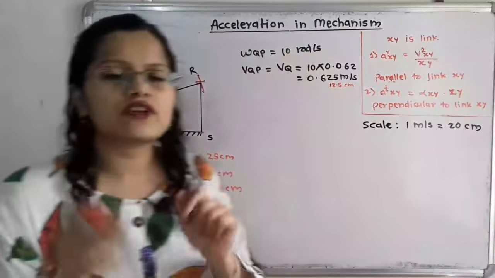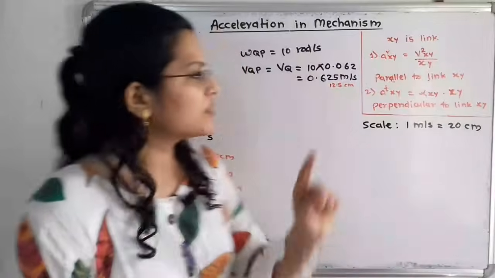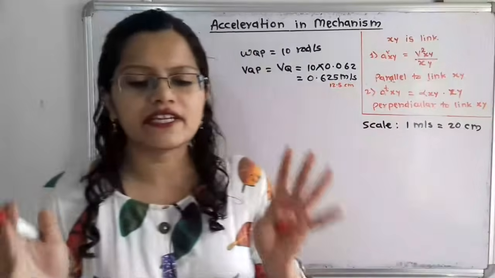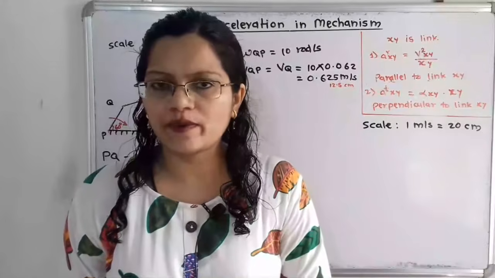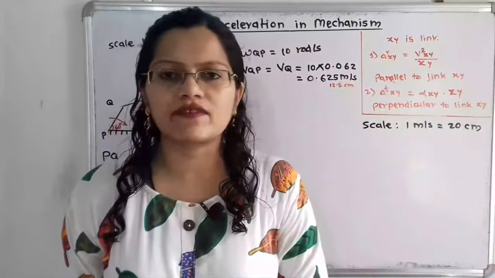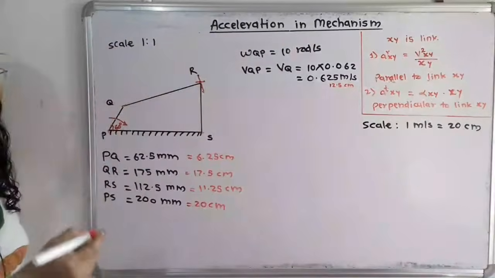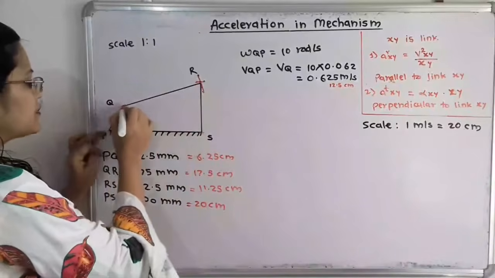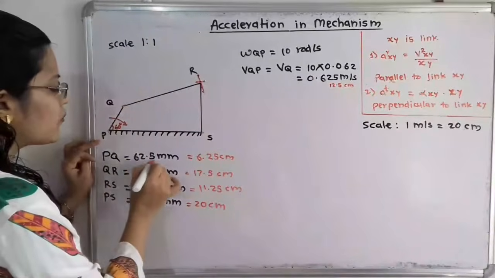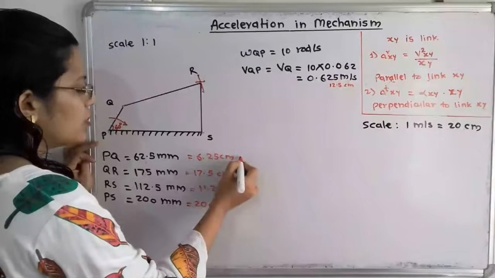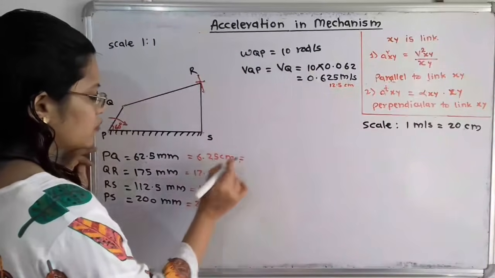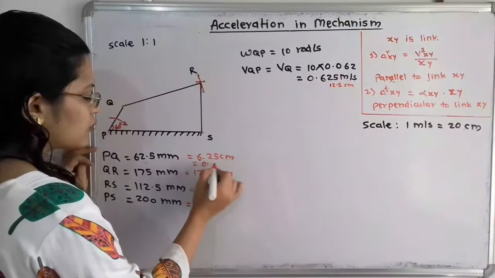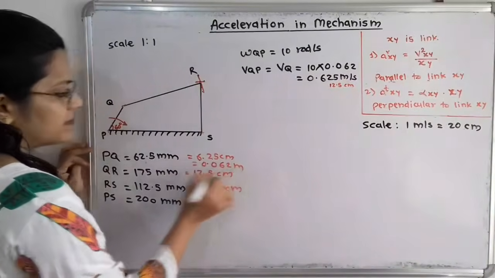First we will draw the velocity diagram. From this omega we can calculate the linear velocity. How to calculate the linear velocity from omega? We know that V is equal to r omega. Here r is the distance PQ, which we have to take in meters, so converting centimeters to meters, that is 0.0625 meters.